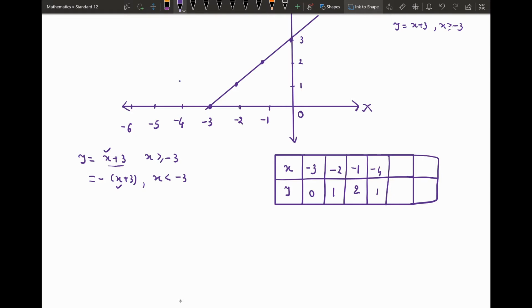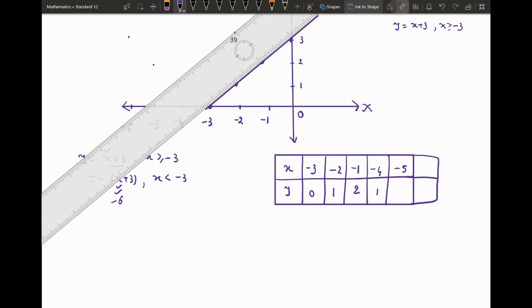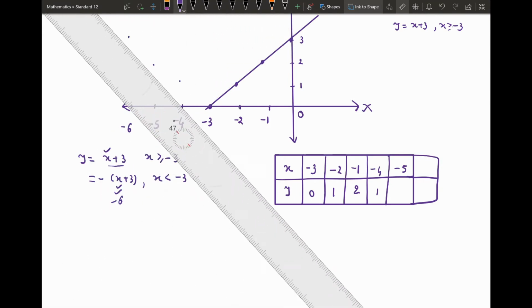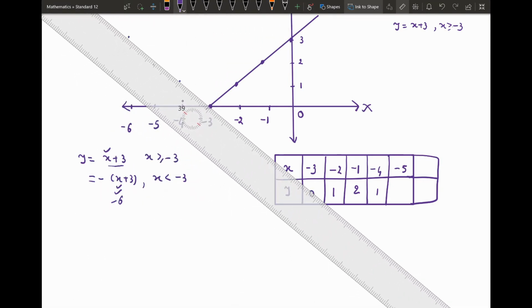If we take x equal to minus 5, y will be 2. So here again 2. And if we take x equal to minus 6, y will be 3, so somewhere here. Again, if we join these points, the graph will be of this form.